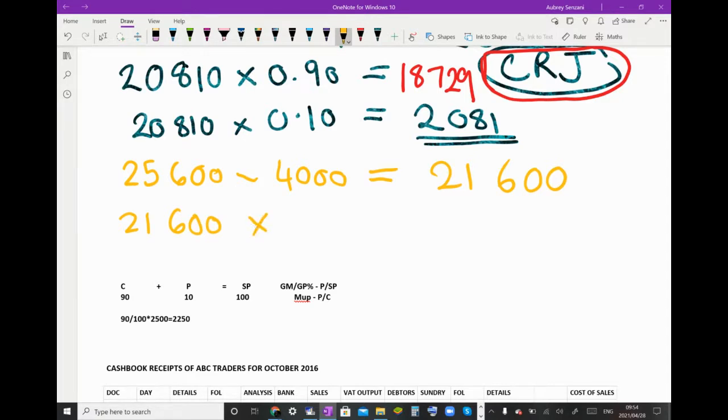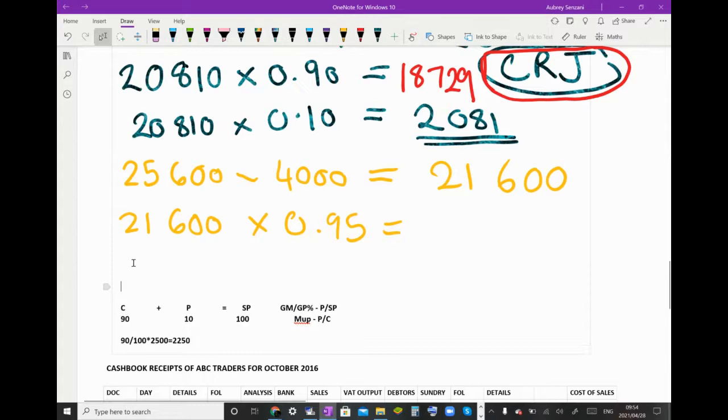So percentage-wise, how much are we actually paying them? 95%. So 0.95. And what do we get when we calculate that? 20,520. Okay, perfect. Where is this going to be recorded? This payment of 20,520.